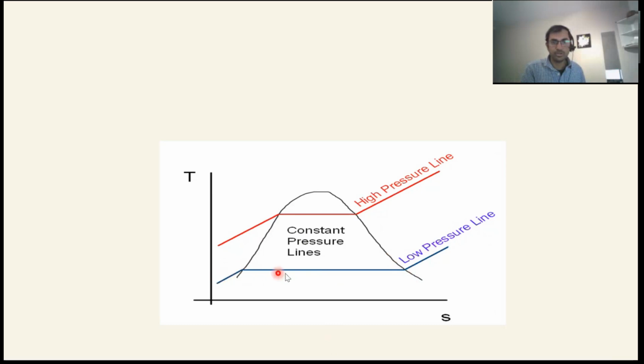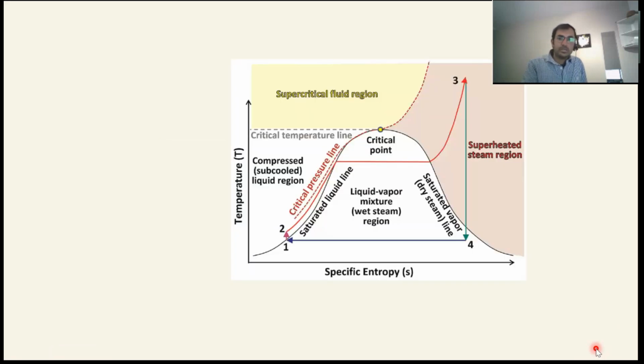This is basically the constant pressure line. So this is the high pressure line and this is the low pressure line. Any line will be like this, and this is basically a constant pressure line. From this diagram, let's try to brush up on our basics.